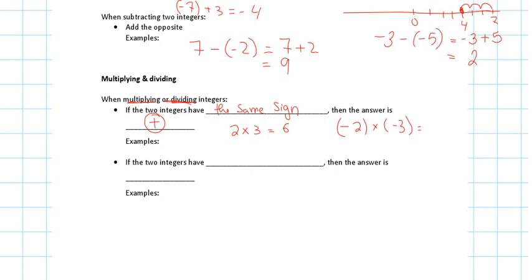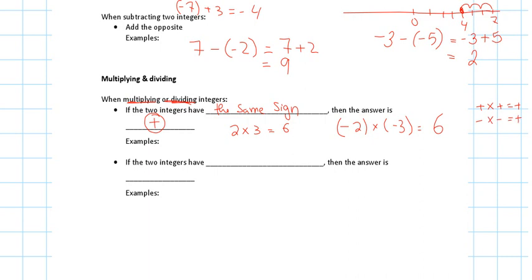What if I have negative 2 times negative 3? Positive 6. Negative and negative makes a positive. So remember, if you're multiplying and you have the same sign, then you're going to end up with a positive. Are we okay with that? So a positive times a positive is a positive, and negative times a negative is a positive.